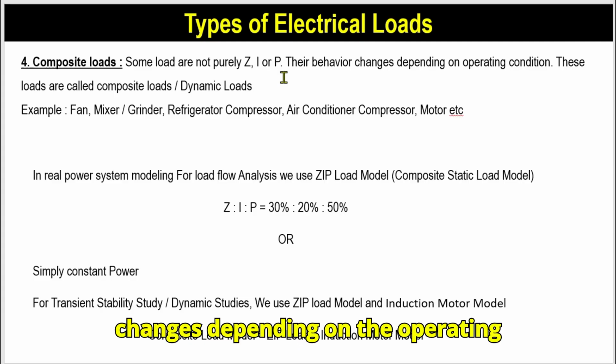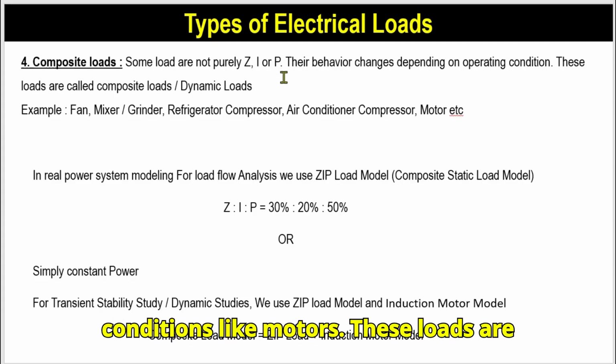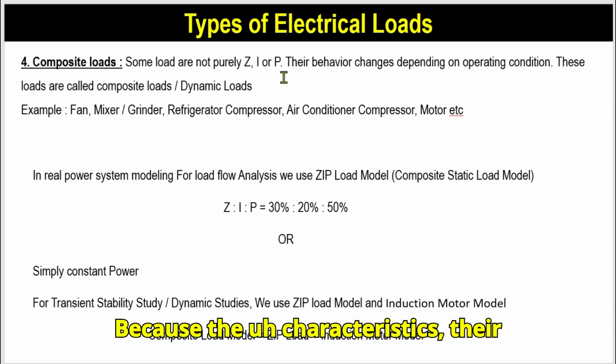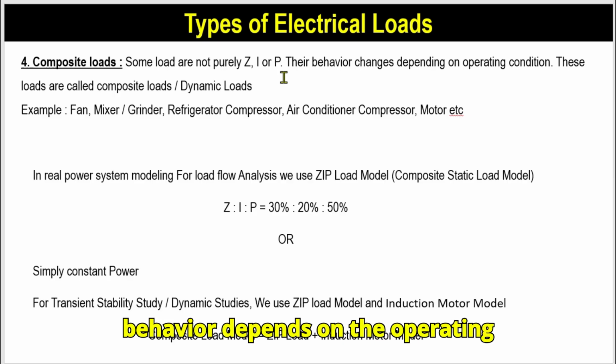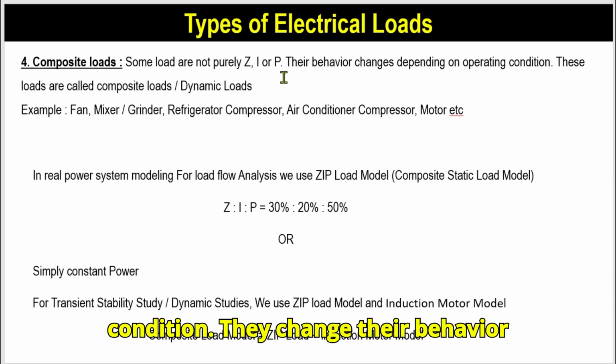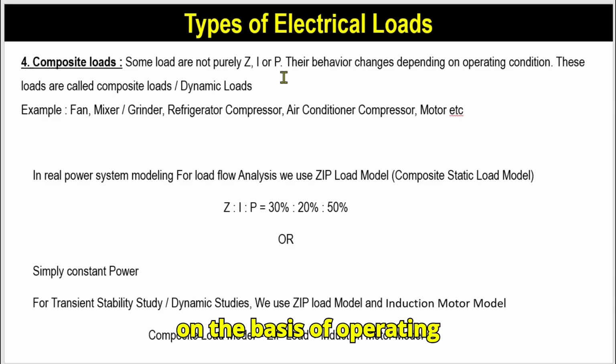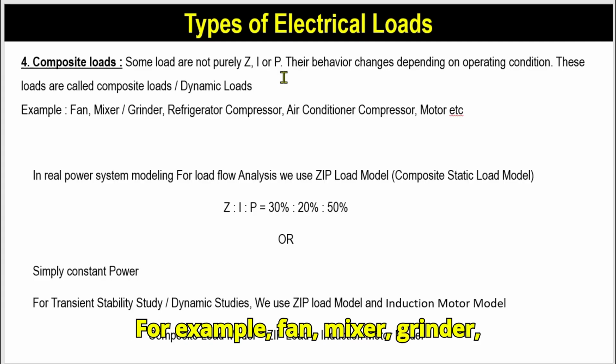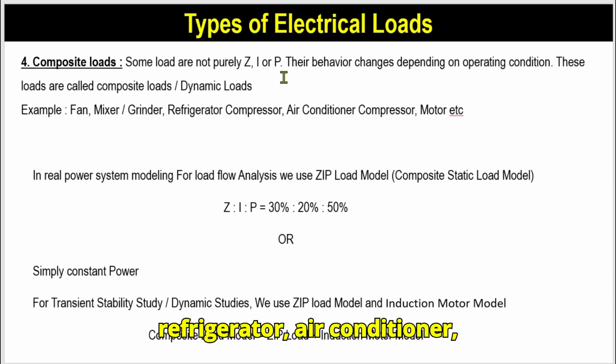Their behavior changes depending on the operating conditions, like motors. These loads are called composite loads or dynamic loads because their behavior depends on the operating condition. For example, fan, mixer, grinder, refrigerator, air conditioner, compressor, motors.